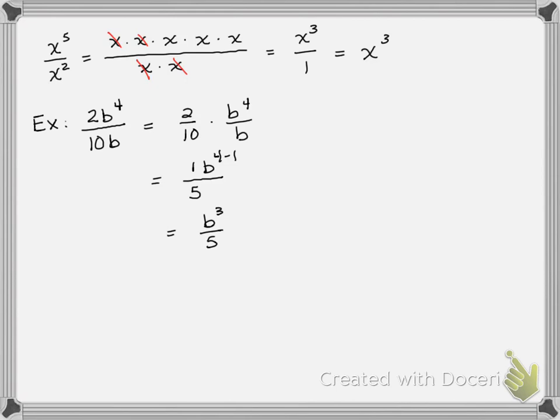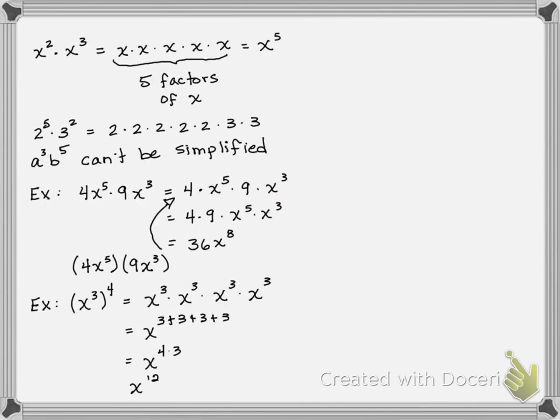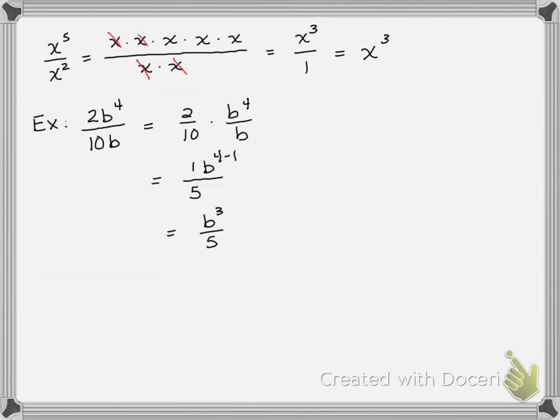So if I have, let's write the quotient. Did I already write it? Yes, I did. So suppose I have x to the third divided by x to the fifth. What should that be equal to?